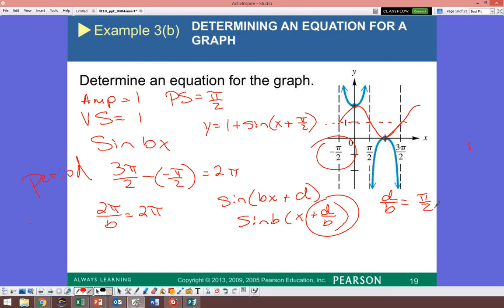You're most likely going to already know what your B value is because we found that out earlier on. For this case right here, B was 1, so 1 equals pi over 2. If you have different numbers, you're just solving for the variable that you don't know. And D just so happened to be pi over 2 on this one.